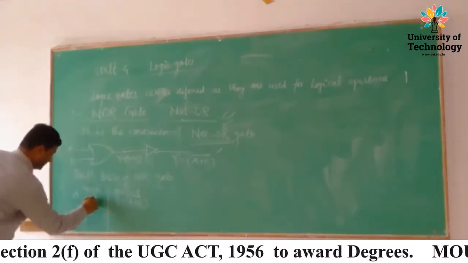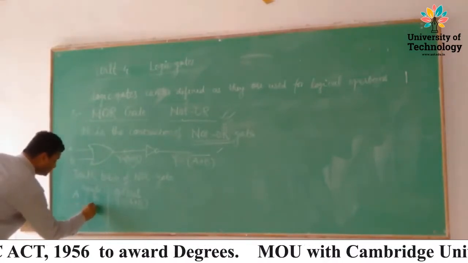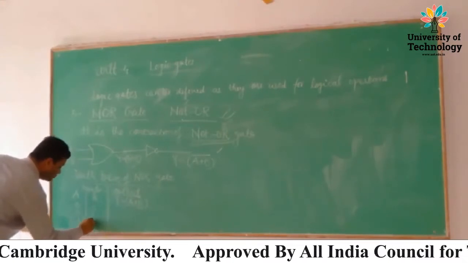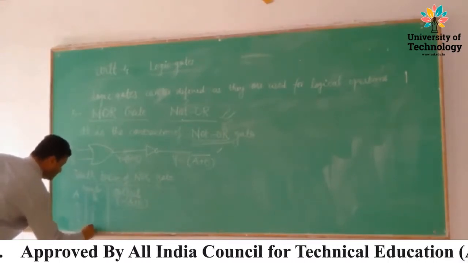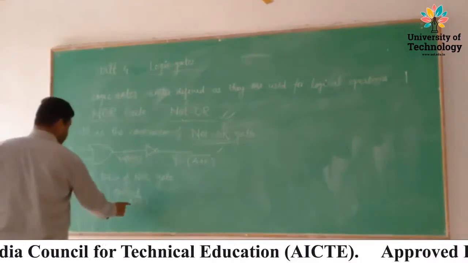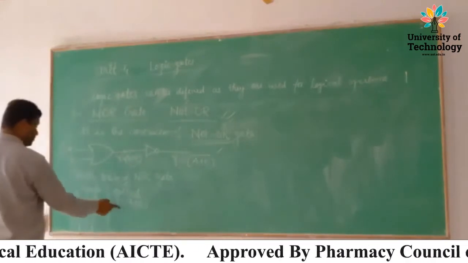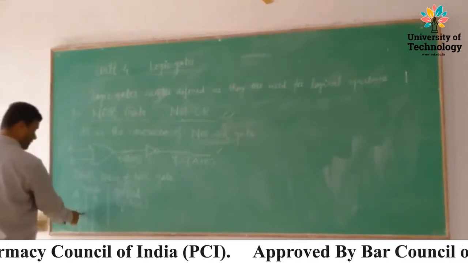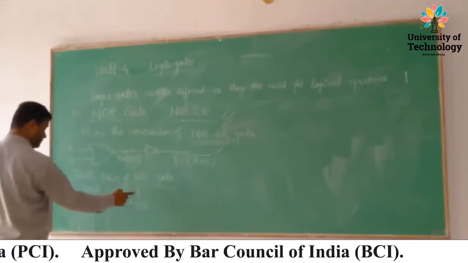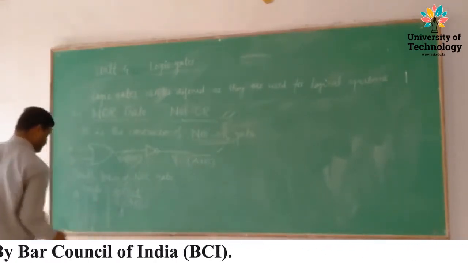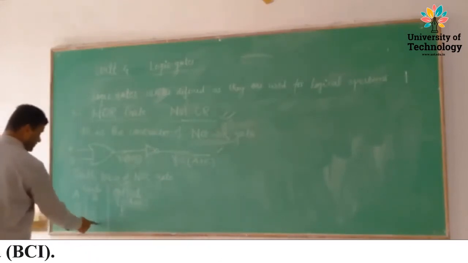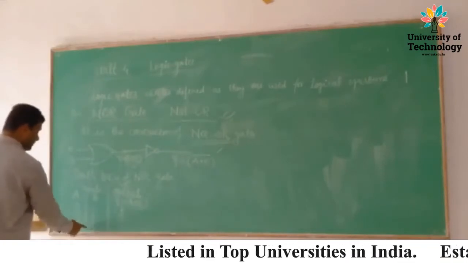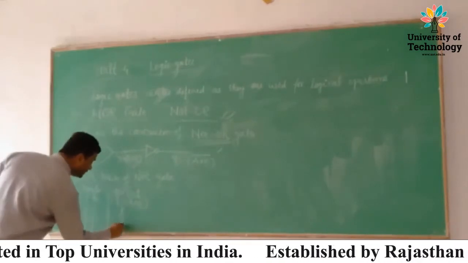Again 0 0, 0 1, 1 0, 1 1. 0 plus 0 is 0, 0 bar is 1. 0 plus 1 is 1, 1 bar is 0. 1 plus 0 is 1, 1 bar is 0. 1 plus 1 is 1, 1 bar is 0.